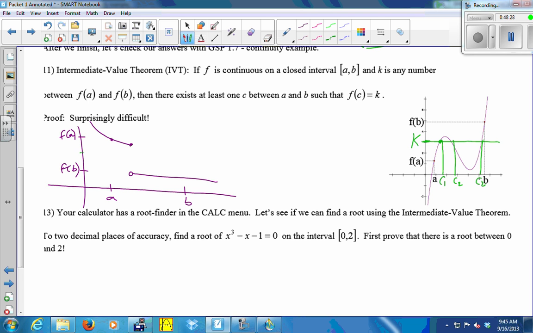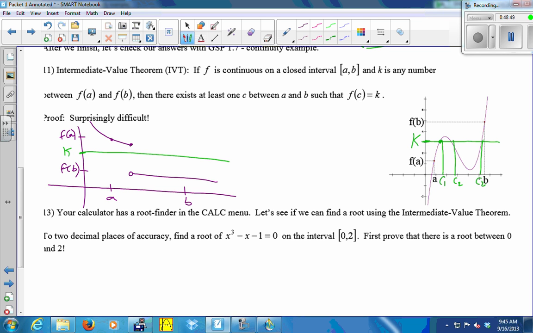Now if I choose a k value in between, there's no c in between a and b that will give me that k value. So the continuity thing is really important, but when you have it, just looking at this picture, it's obvious there's going to be a c, right?